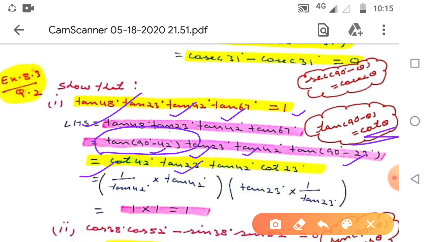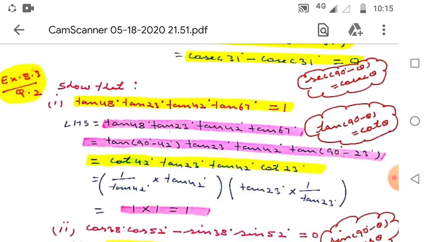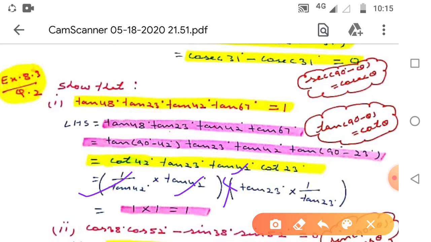Tan 23 as it is, tan 42 as it is, and tan 90 minus 23 becomes cot 23. So cot 42 is equal to 1 upon tan 42, and cot 23 is 1 upon tan 23. So all this cancels and the value is 1.